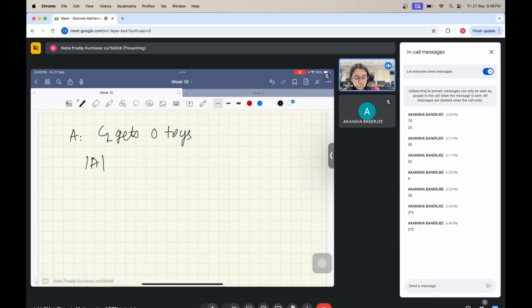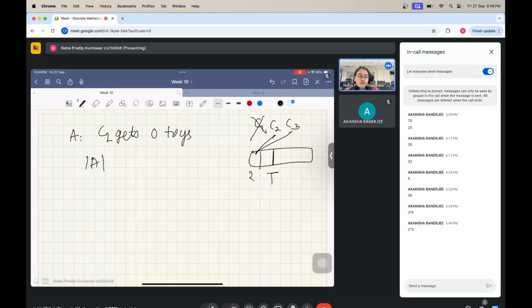Exactly, good. So there are three children, there are six toys. The first toy cannot go to C1 because C1 gets 0, so it can either go to C2 or C3. So there are two ways of doing this.